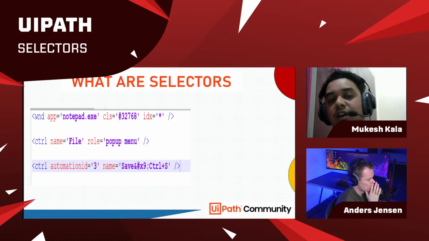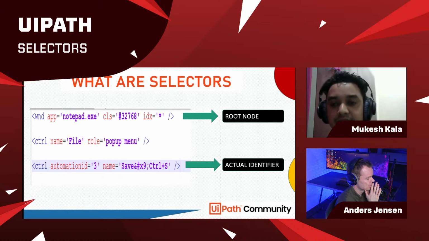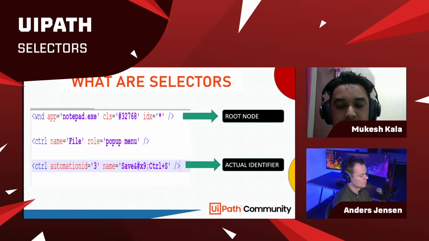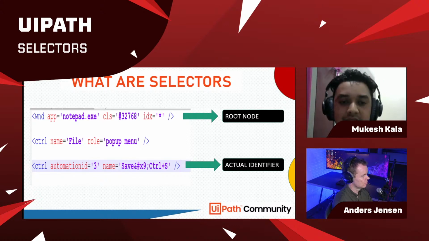Now, if you go down the selector, you will see the first line of any selector is called the root node, which means the application where you are going to automate. And the last line is called the actual identifier. If I have to do a save, it comes as Ctrl+S, the name.